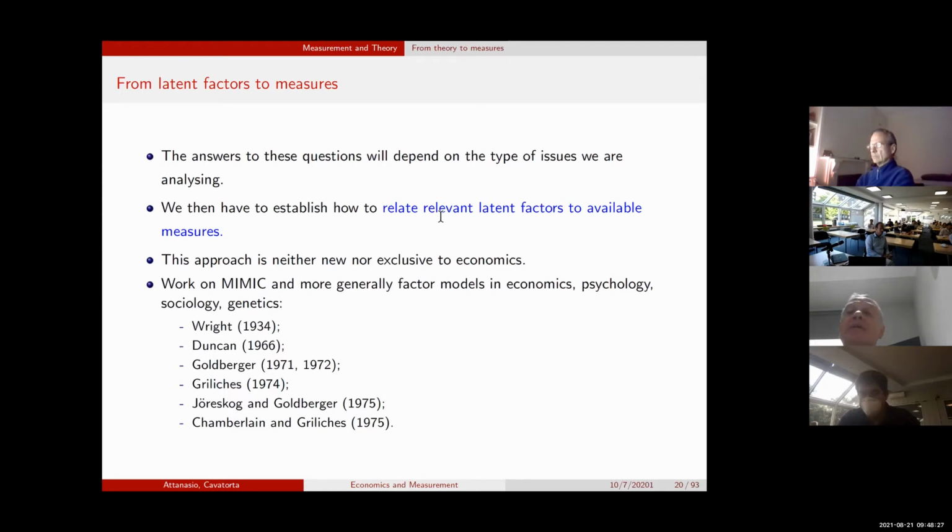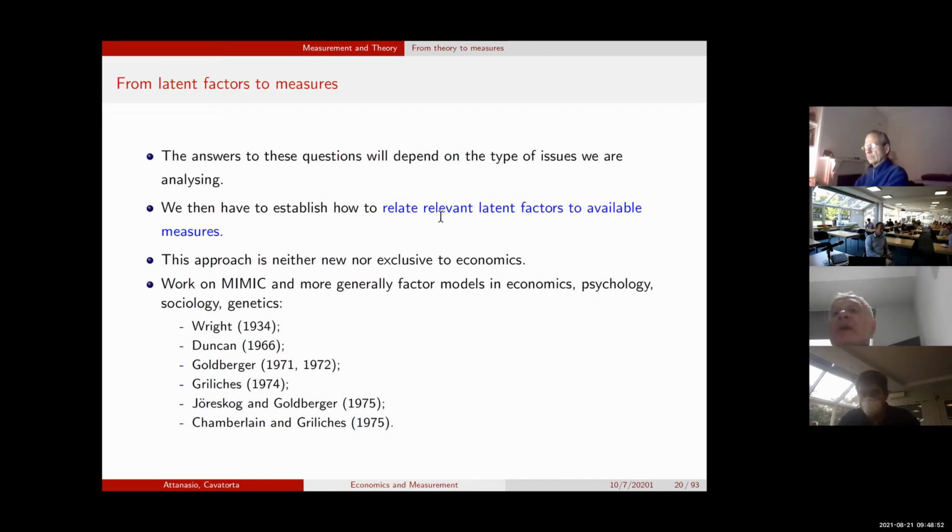Sewall Wright wrote some of this stuff in 1934. And this is common across different disciplines. These are problems that are relevant in psychology, in sociology, in genetics. But I think there are still problems that remain open and on which work is necessary.